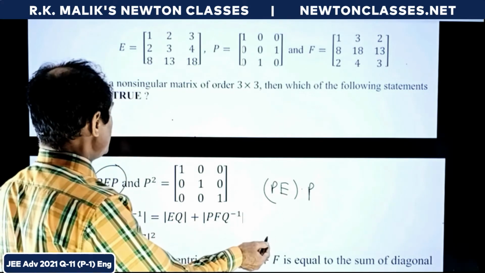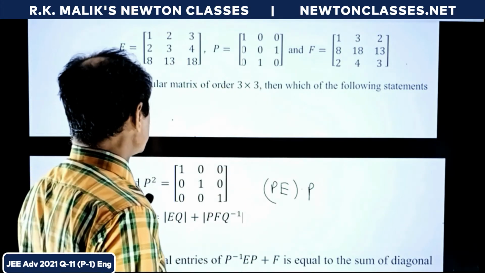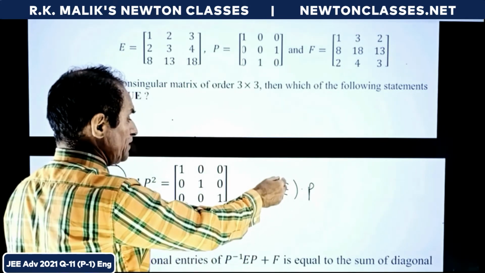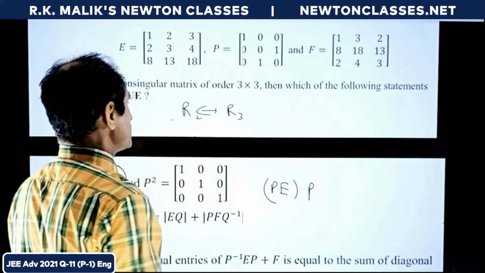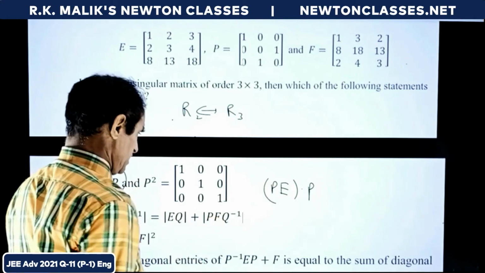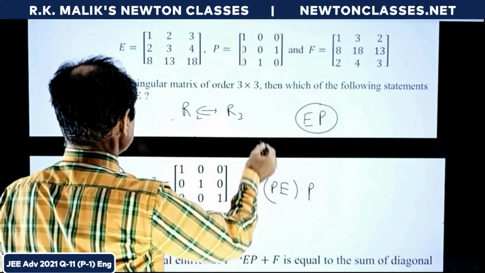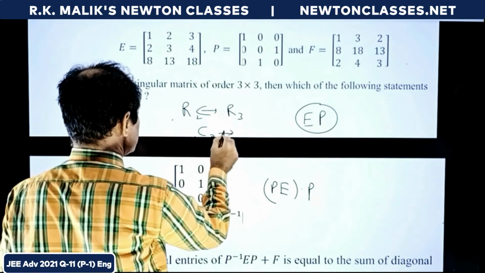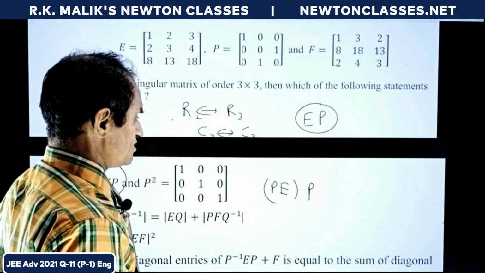And to find PE, it is not necessary to find PE by proper multiplication of P and E. We can say, as just now I told you, PE means applying the transformation of R2 changes to R3 in the matrix E, because here I have pre-multiplied P by E. If I want to find EP, in that case, I will get the result of operating the operation this on this matrix, as just now I told you.